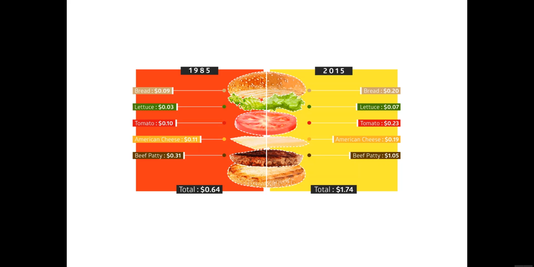Which means if you are using the same method to compare 1985's GDP with the 2015's GDP, we can see it's unfair. So why did the price change? Everybody has heard of the term inflation. The price change is caused by inflation.